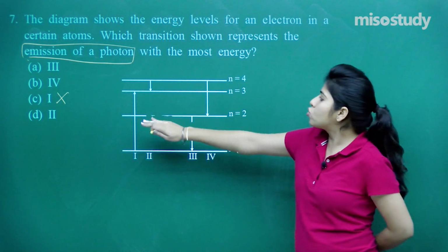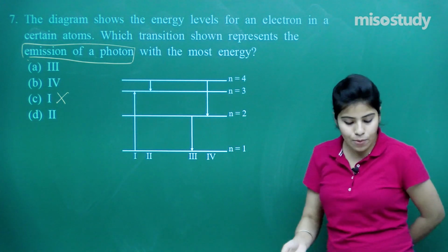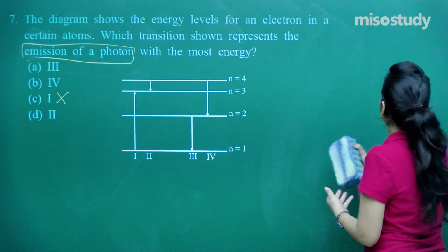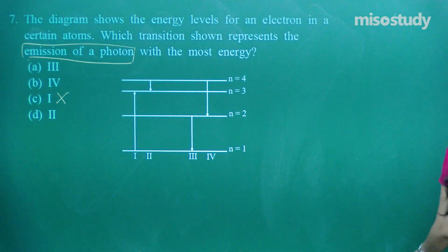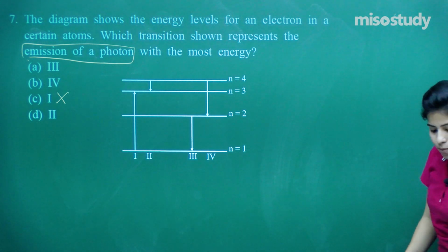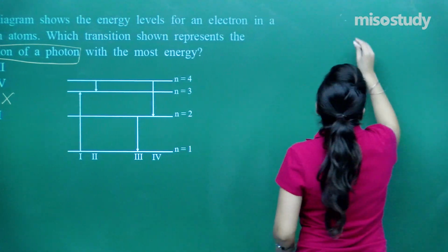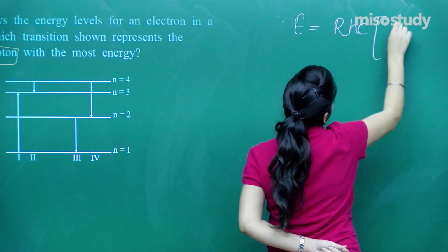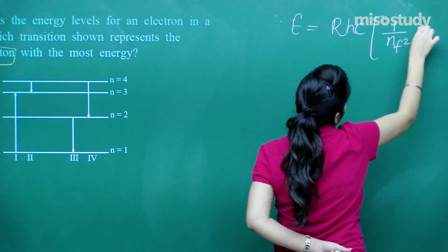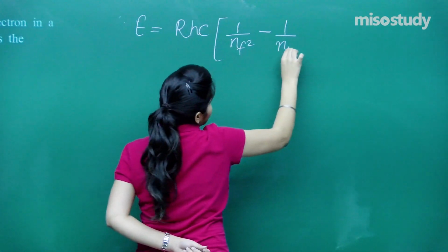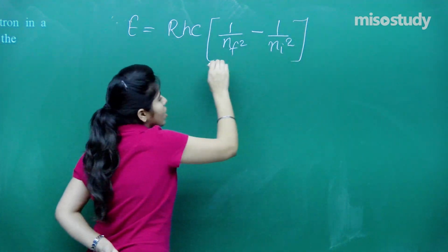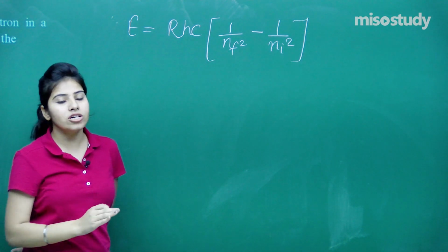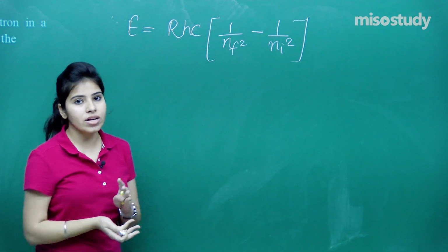Now for the other energy levels, I will be checking which one shows more energy. From here what I can see is that we have the value of energy as 1 upon nf square minus 1 upon ni square, where nf is the final energy level and ni is the initial energy level.